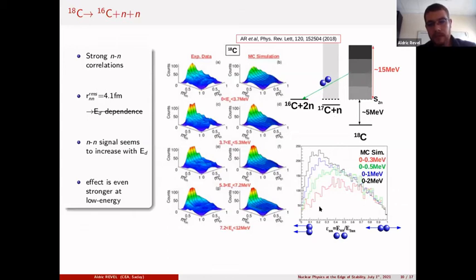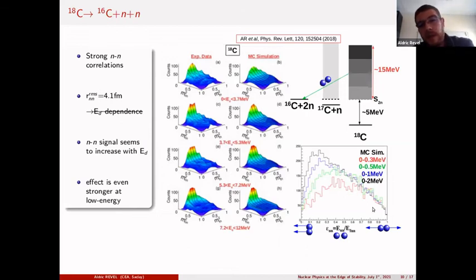Here in the bottom right corner, I show different simulations for epsilon NN for different regions of decay energy considered: from 0 to 0.3 MeV, 0.05 MeV, 0.21 MeV and 0.2 MeV. And we see that even if I consider the same relative distance between those neutrons, the signal seems to collapse the lower in energy we go.